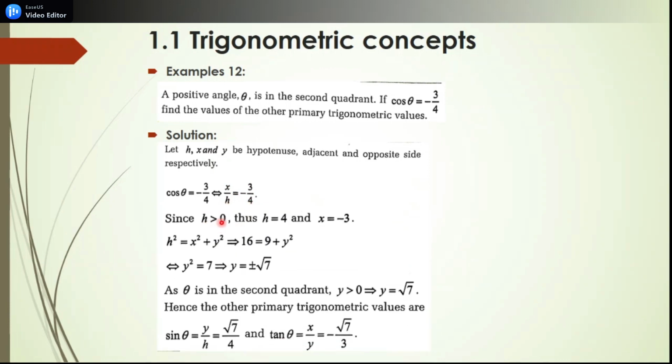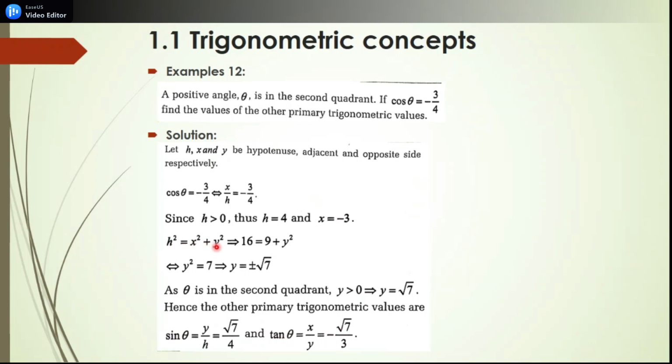As h is greater than 0, we get the remaining value from the Pythagorean theorem. We have a triangle where the hypotenuse is equal to h. We have h squared equal to adjacent side squared plus opposite side squared. We have the value of h and the value of x.